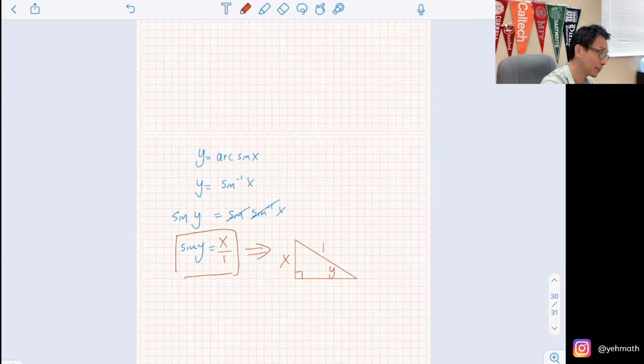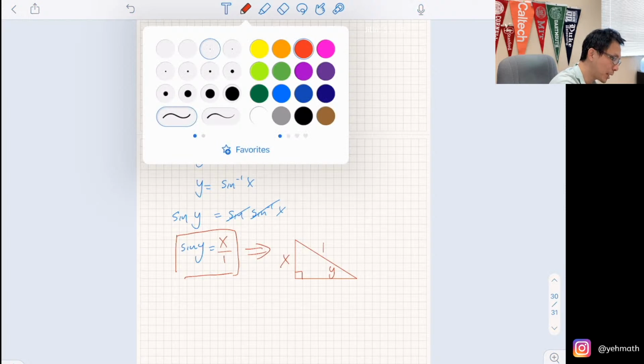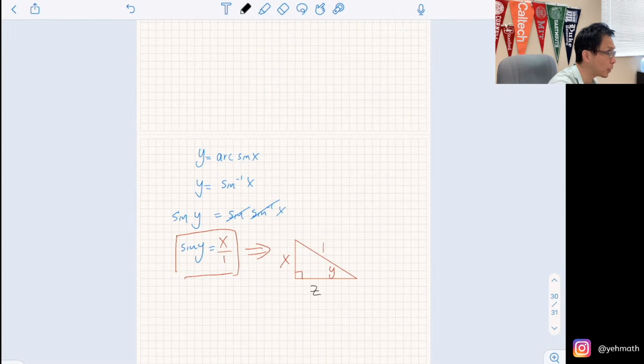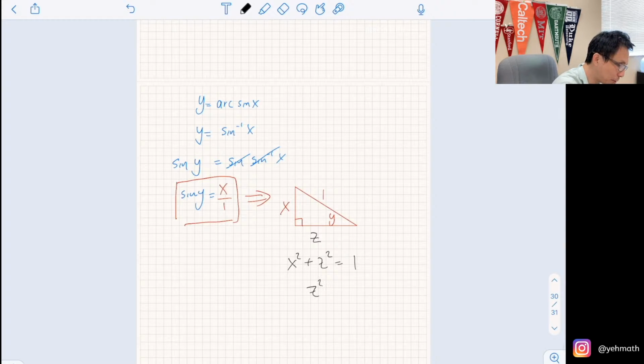Are we okay here? Now we're also going to name this side z, because we don't know what z is, but we want to find z in terms of x. So you have x squared plus z squared equals 1, then z squared equals 1 minus x squared, and z equals the square root of 1 minus x squared.